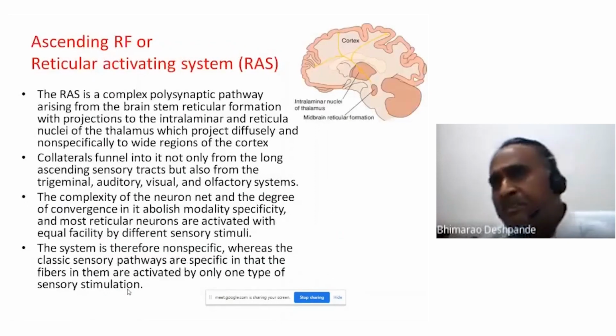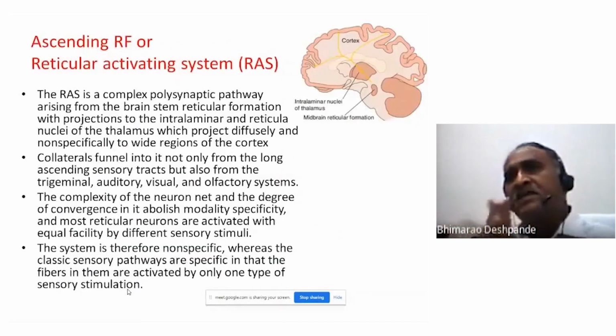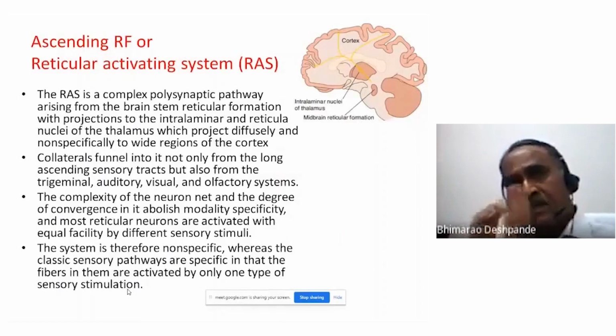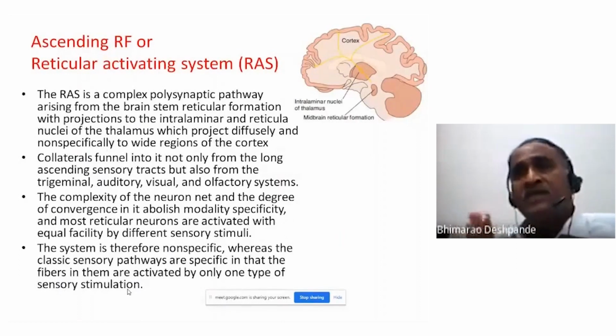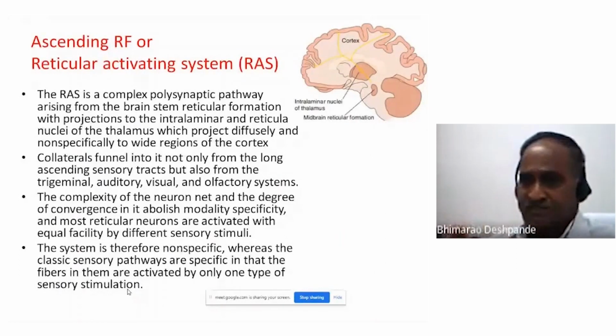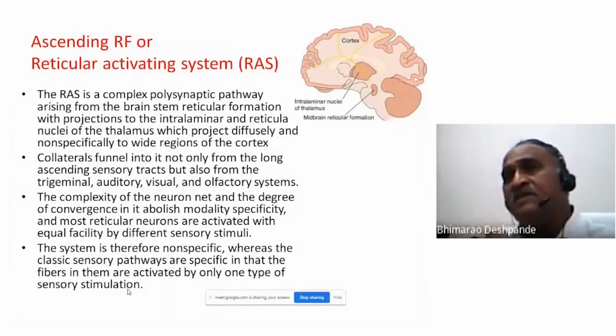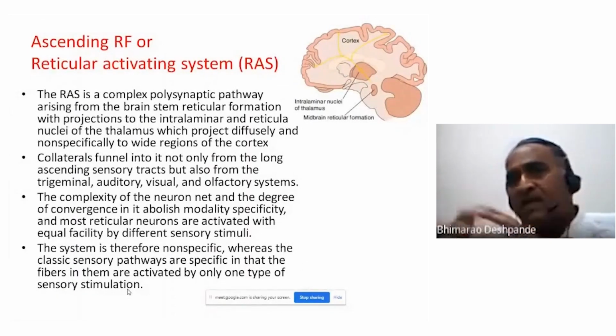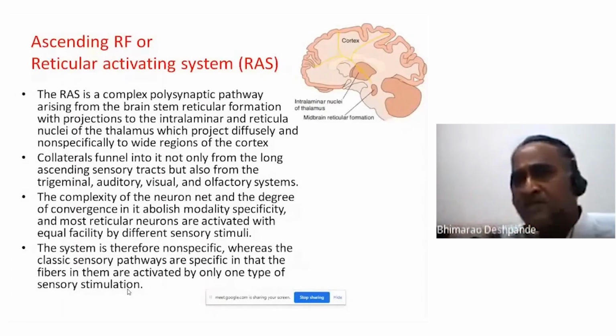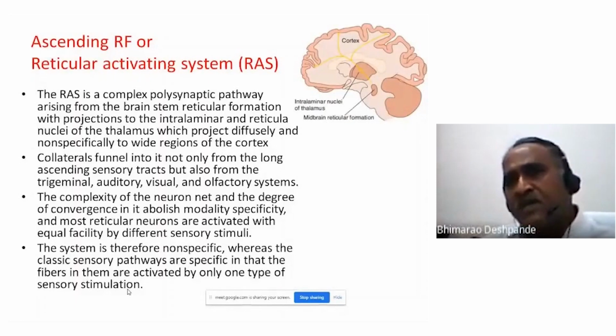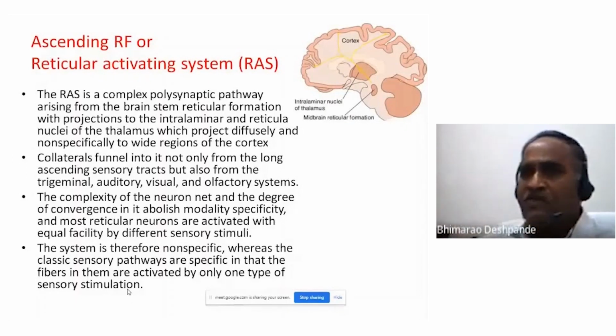Now, let us examine the ascending reticular formation, also known as the reticular activating system. The reticular activating system is a network of a number of synapses in the brainstem. These synapses reach the thalamus through the reticulothalamic tract, to the intralaminar nucleus of the thalamus and to the reticular nucleus of the thalamus.